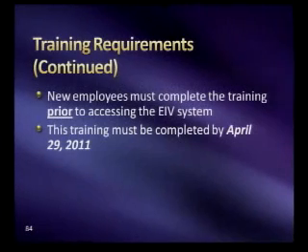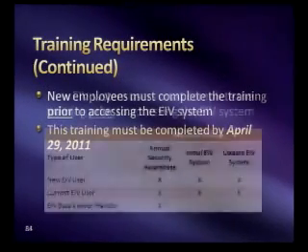Realistically, unless they're a seasoned occupancy specialist, housing manager, or voucher specialist, they have to go through the training anyway. So you might as well kill some time and have them do the training up front. Employees who begin employment after September 30th have until April 29th of the following year. As I mentioned earlier, you have until April 29th, 2011 to complete the training. See how simple that is?